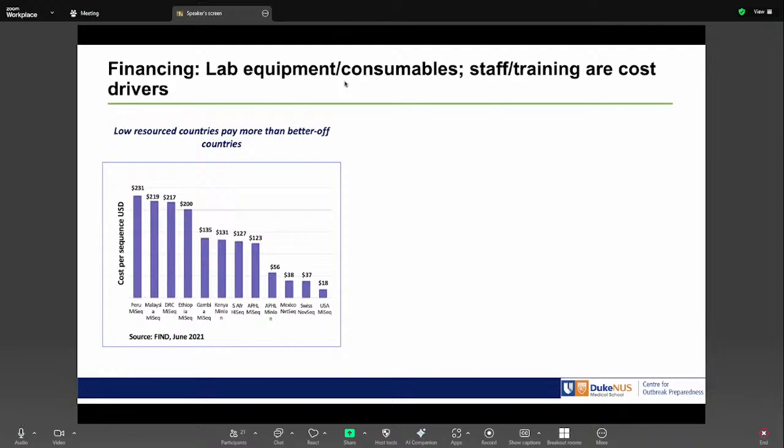Whether it's human genomics or pathogen genomics, the reality is that if you look here on the right hand side, the US and high income countries tend to pay the least per sample for their sequencing. Low income countries tend to pay double, triple, 10 times, 20 times more per sample. So these are countries that are already tight on budget, but they're paying way more.